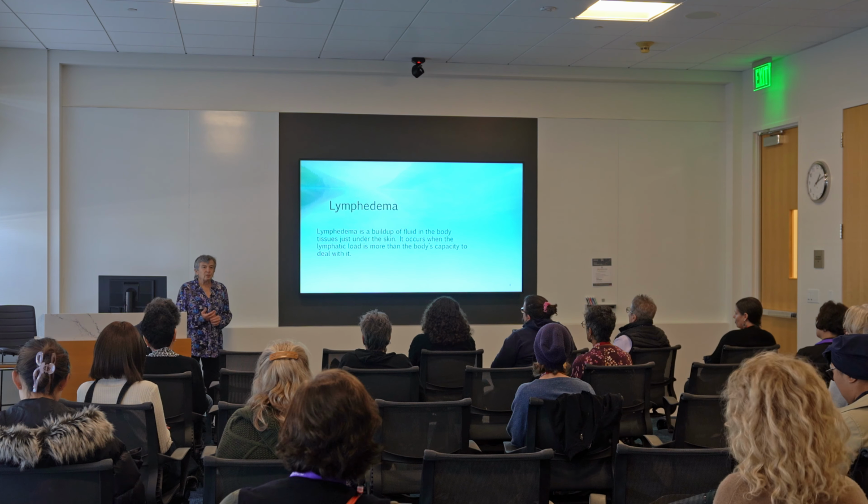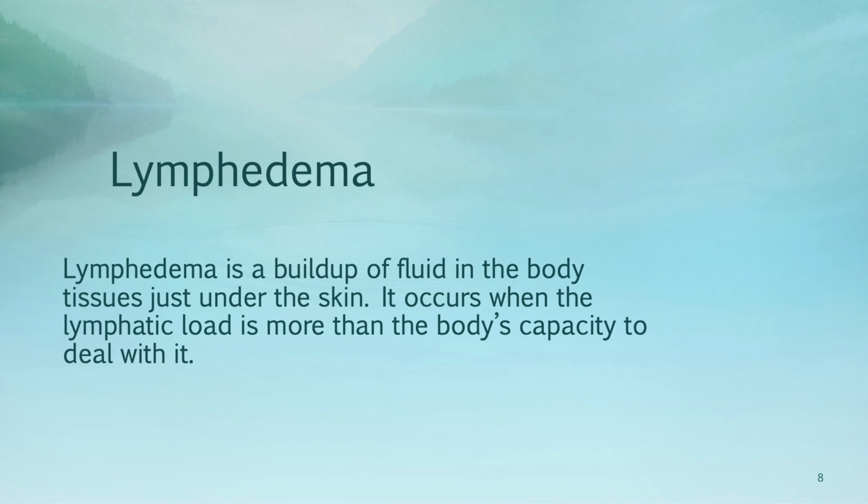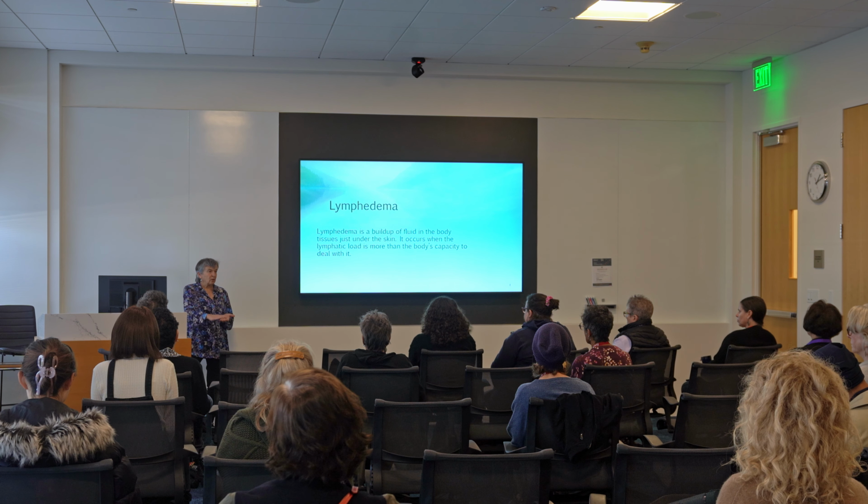So what is lymphedema? In its simplest explanation, it is a buildup of fluid just underneath the skin in the subcutaneous tissues. Okay, that's a fancy way of saying between your muscles and the skin, and it occurs when your lymphatic load is greater than your lymphatic capacity.